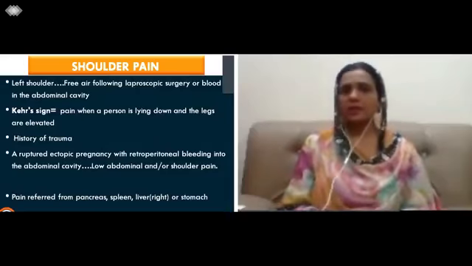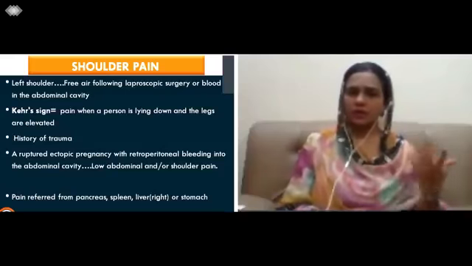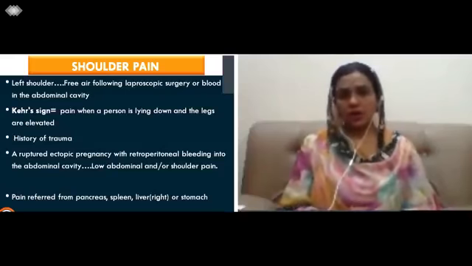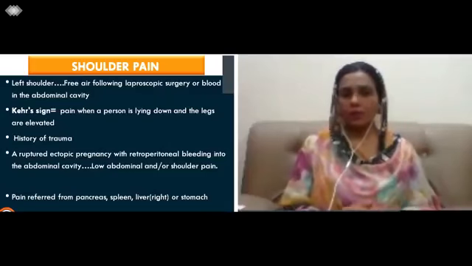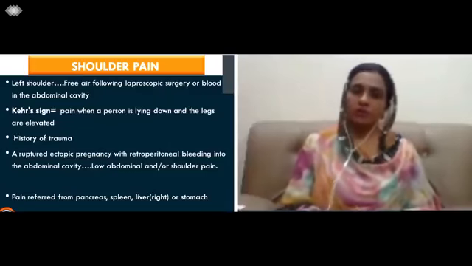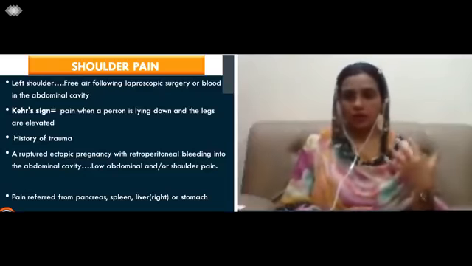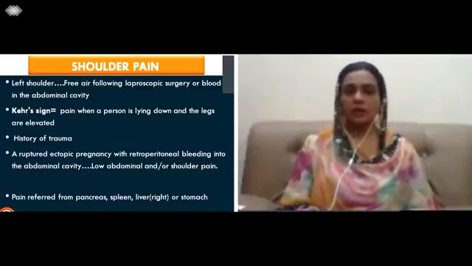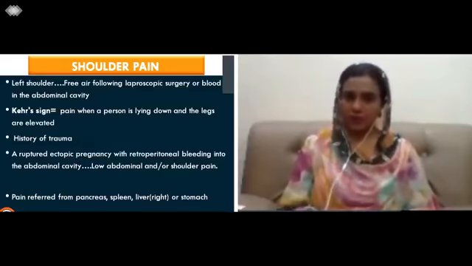It can lead to blood in the abdominal cavity, and that will lead to the shoulder pain. So we have already discussed that ruptured ectopic pregnancy will also cause retroperitoneal bleeding, and then the patient will have shoulder pain. Along with that, lower abdominal pain will also be there.